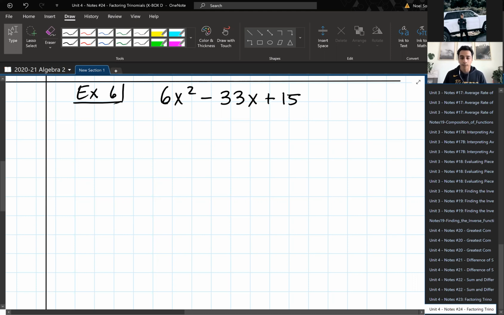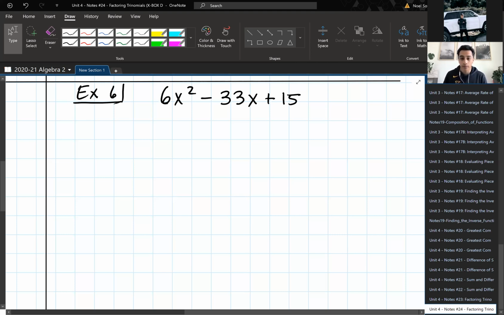Now that you're comfortable with Xbox method, or hopefully you feel more comfortable, if you took a look at this polynomial, 6x squared minus 33x plus 15, and your internal Somoza voice was speaking to you, what do you think I would ask you? Yeah, that's the one thing you should always look for every time.